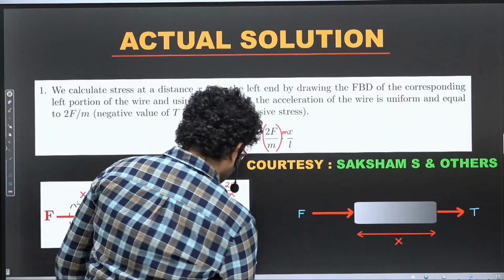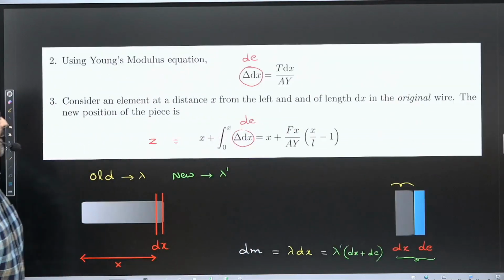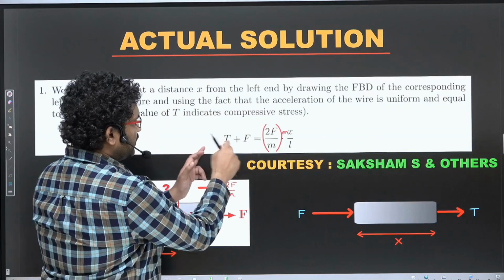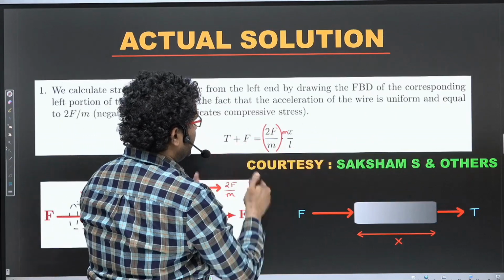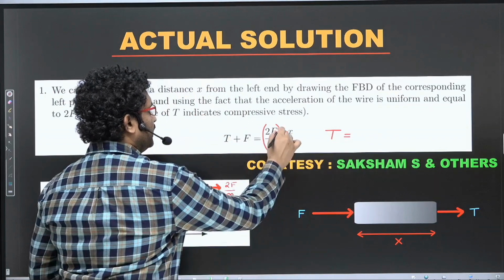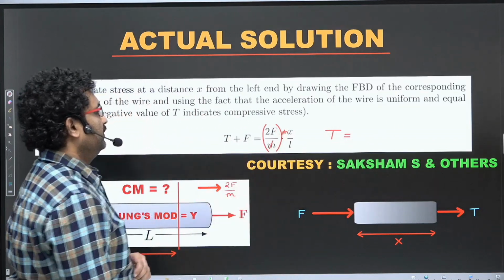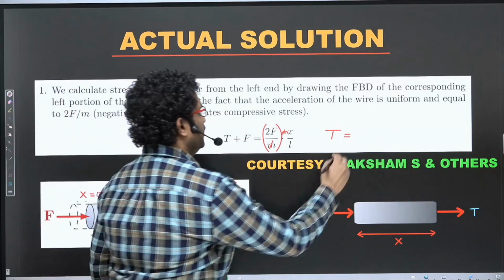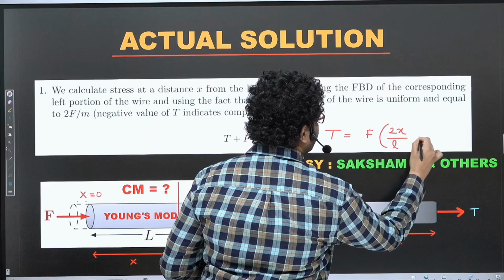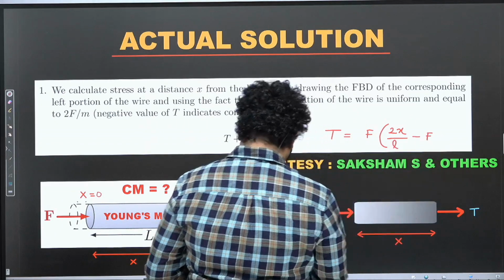So the value of T you could have written, you take that F to the other side, so T will be equal to, m gets cancelled here, F of 2x divided by L minus 1.